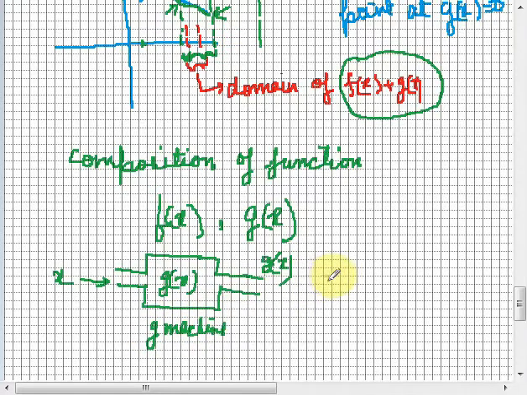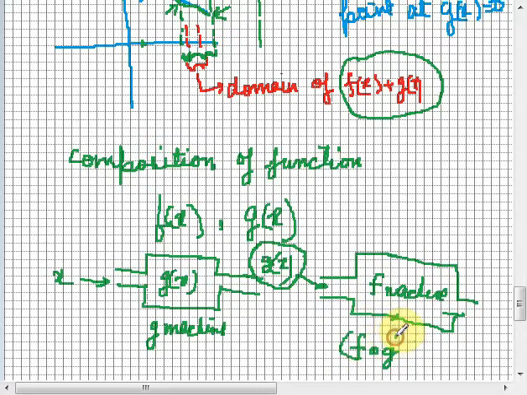Now suppose we give the output g(x) as input to another function f(x), the f machine. Instead of giving input x, we are giving input g(x) to this machine. Then what will be the output of this machine? The output will be f of g of x.